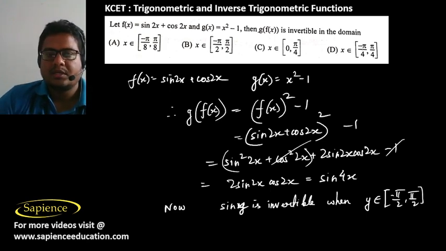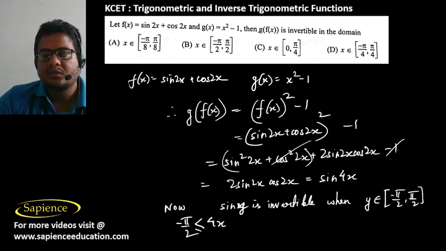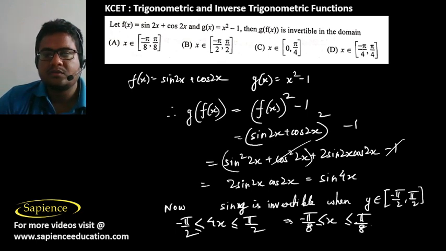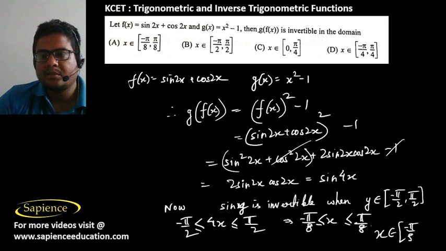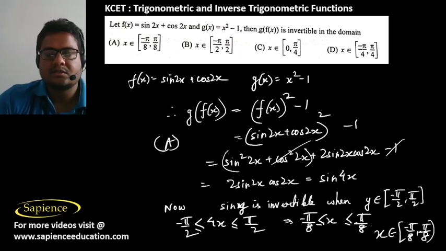So similarly here 4x should be greater than or equal to minus pi by 2 and less than or equal to pi by 2. Therefore x should be greater than or equal to minus pi by 8 and less than or equal to pi by 8. So x should be in the interval minus pi by 8 to pi by 8. So option A is the correct answer.